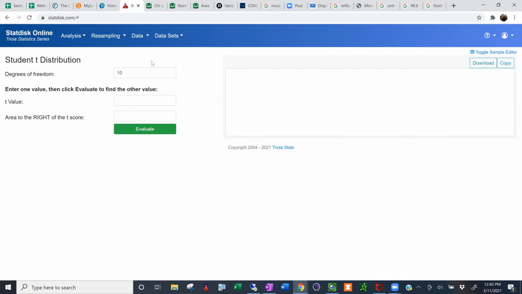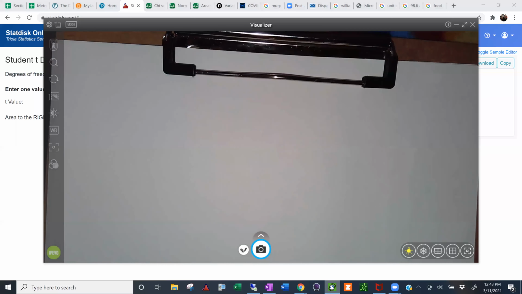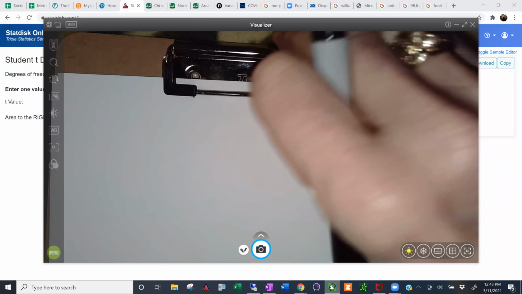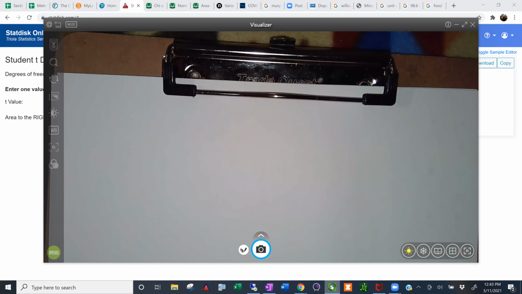Now, what's a little bit annoying or frustrating is that there's a lack of consistency between what they do with the t distribution and what they do with the normal distribution. You're just going to have to pay a little bit of attention. Now, as I said, the student t distribution changes with degrees of freedom.